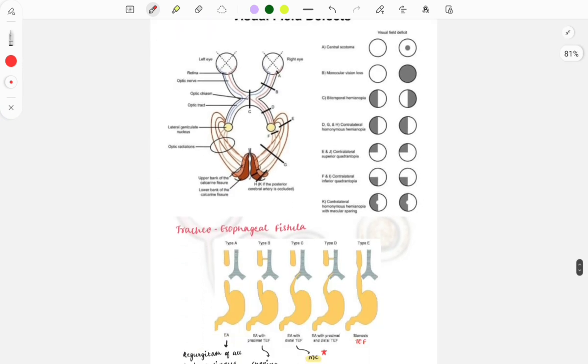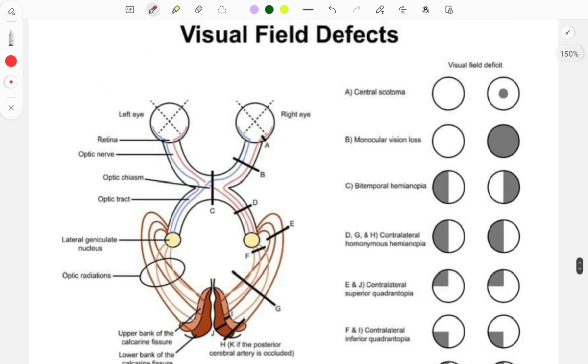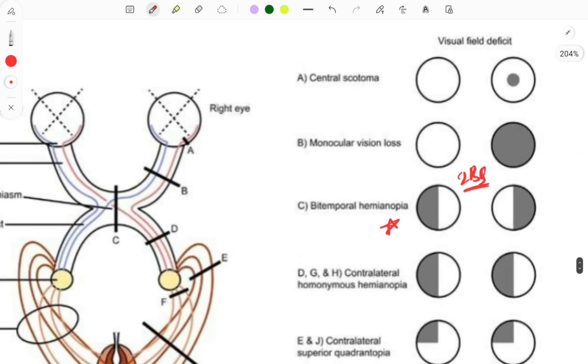Then the visual field defects. This is important and from ophthalmology, and you can expect a question from this, especially bitemporal hemianopia. This one is a famous question. So an image based question can be asked, giving the image and asking you to identify which kind of visual field defect it is. Like in central scotoma we can see the central black spot.